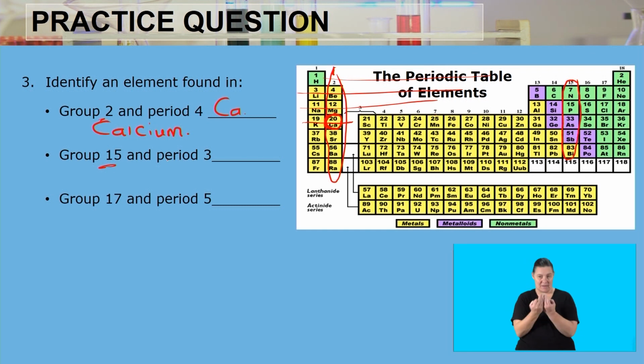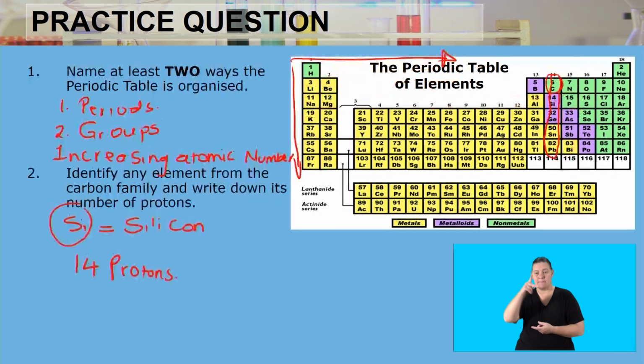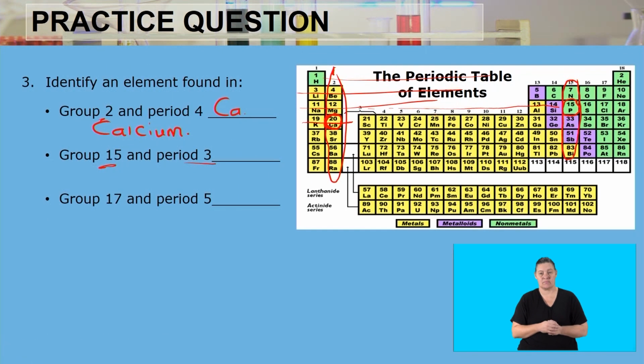So it's group 15 and period 3. We count 1, 2, 3. So when you go across, the element in question that they're looking for is this one here, which is P. P is the chemical symbol for phosphorus.